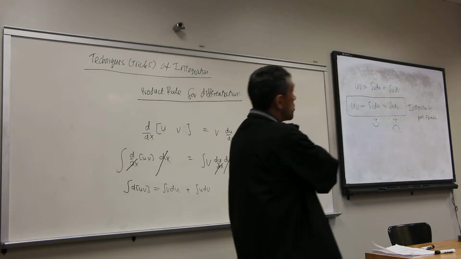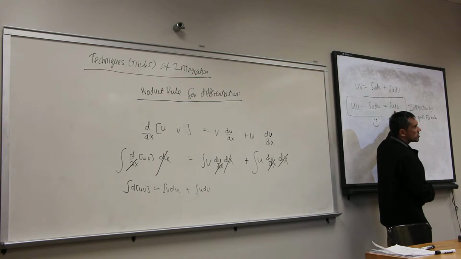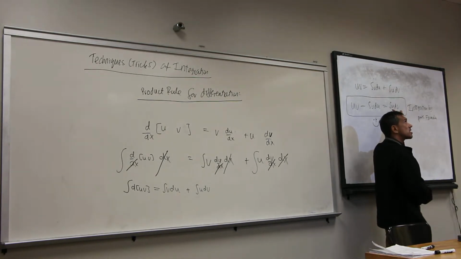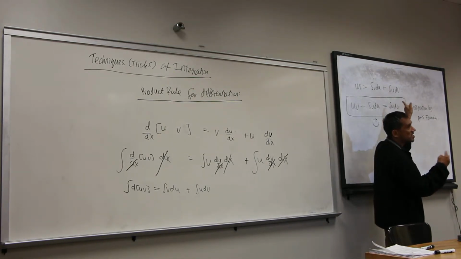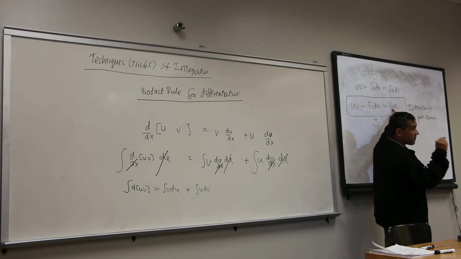What it means is that you are trying to integrate something which you recognize as some function multiplied by the derivative of another function. The integral of a function multiplied by the derivative of a function.